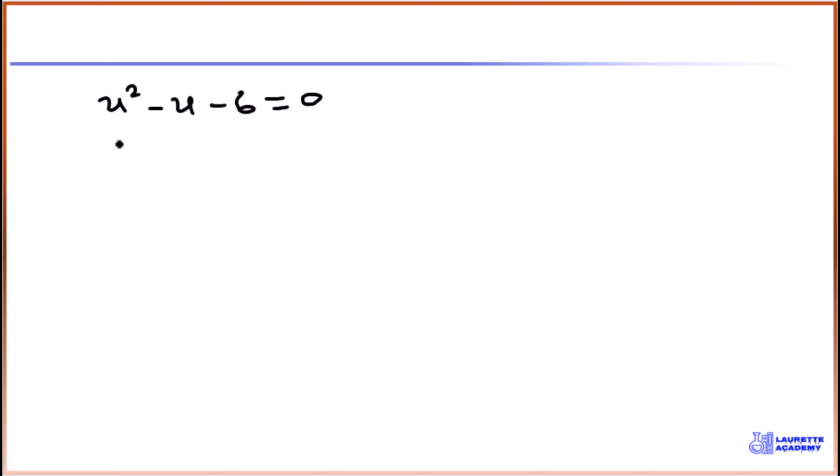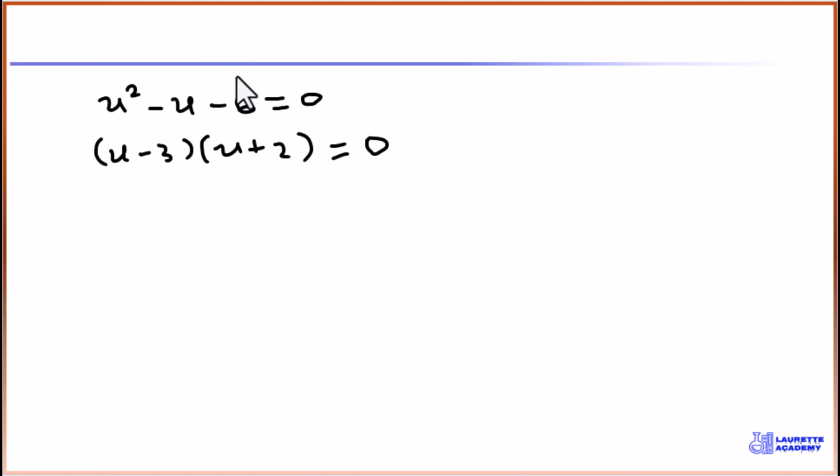Let's move on. So the two factors are u minus 3 and u plus 2, and this is equal to 0.